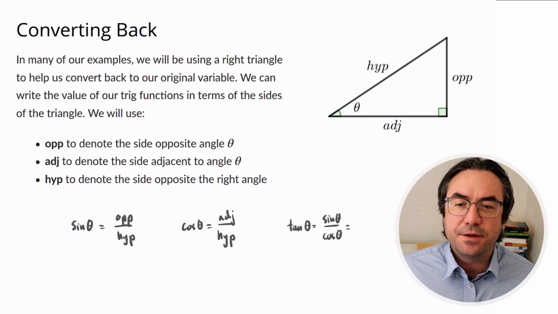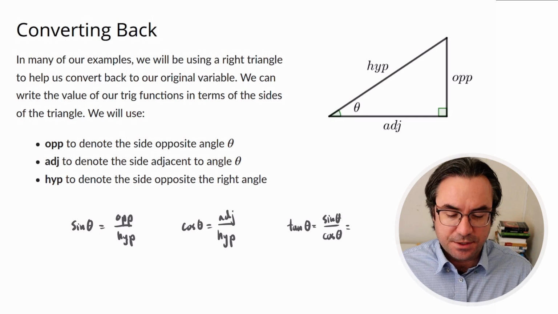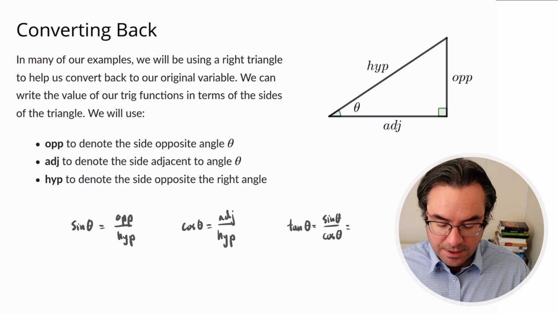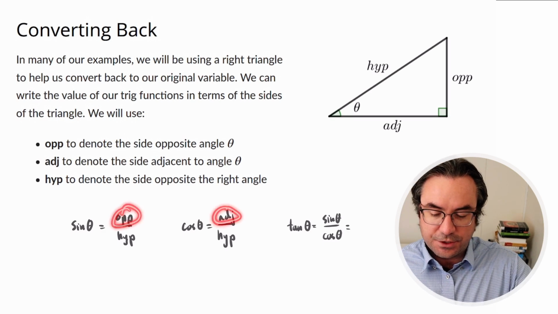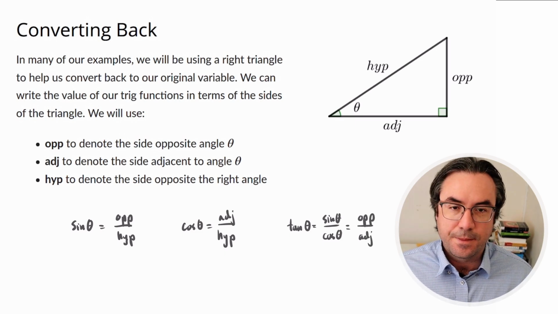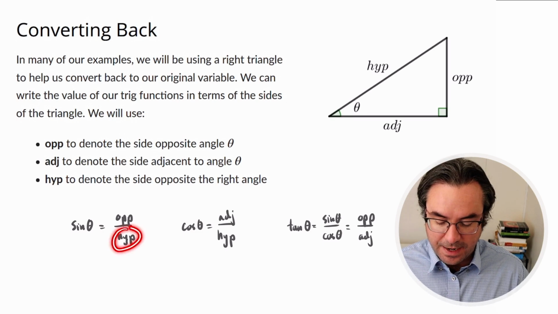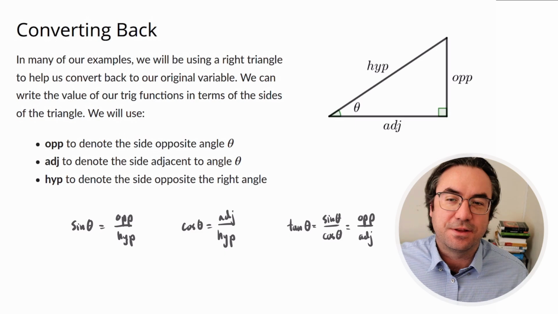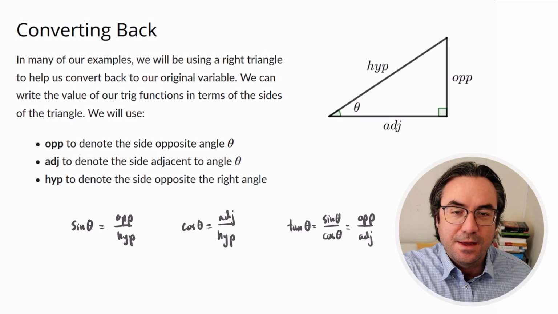So in terms of our sides, it'll be the opposite side over the adjacent side. The hypotenuses would cancel out from our sine over cosine.